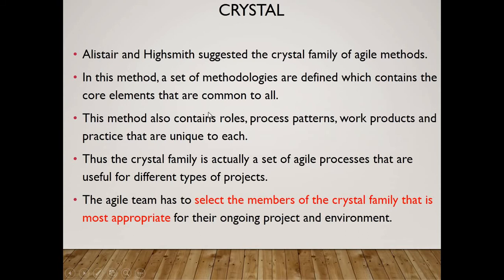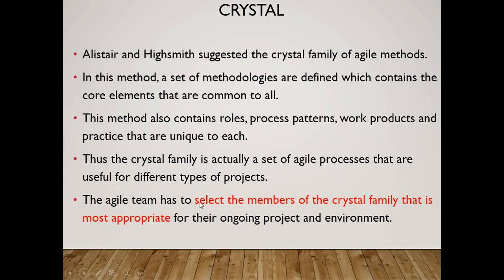After it, our next model is the Crystal model. Alistair Cockburn and Jim Highsmith suggested the Crystal family of agile methods. In this method, a set of methodologies is defined which contains the core elements that are common to all. This method also contains roles, process patterns, work products, and practices that are unique to each. Thus, the Crystal family is actually a set of agile processes that are useful for different types of projects.